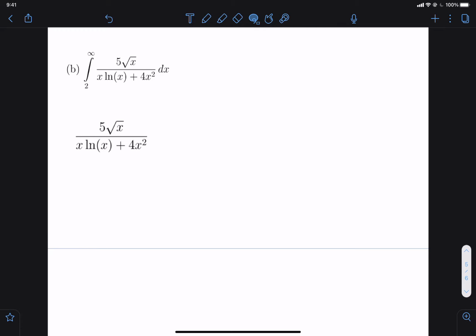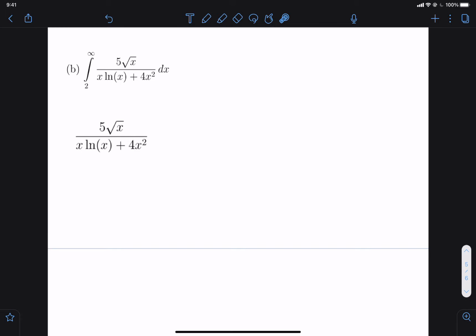We know that x is from 2 to positive infinity. The top is going to be greater than 0. This bottom is greater than 2, so this is also greater than 0. So the whole thing is going to be greater than 0.